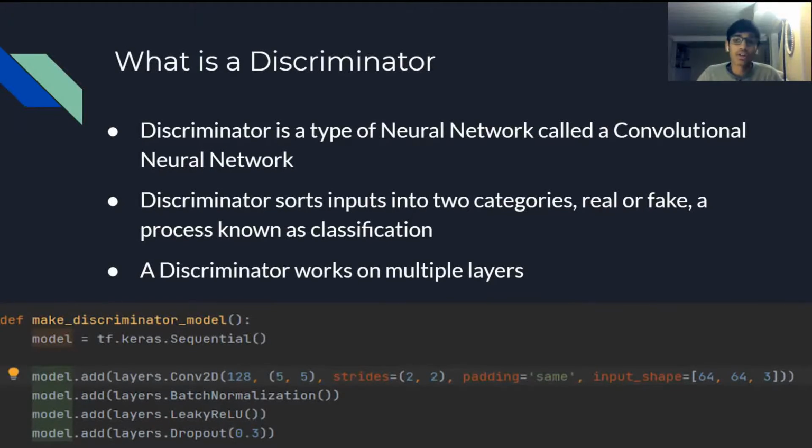Like the generator, the discriminator works on multiple layers. But this time, instead of from very general to very specific, the discriminator is going to be working backwards. It's going to be receiving a specific image from the generator, so it's going to go from specific to general. So at the very beginning, the discriminator is probably going to look pixel by pixel at the entire image.